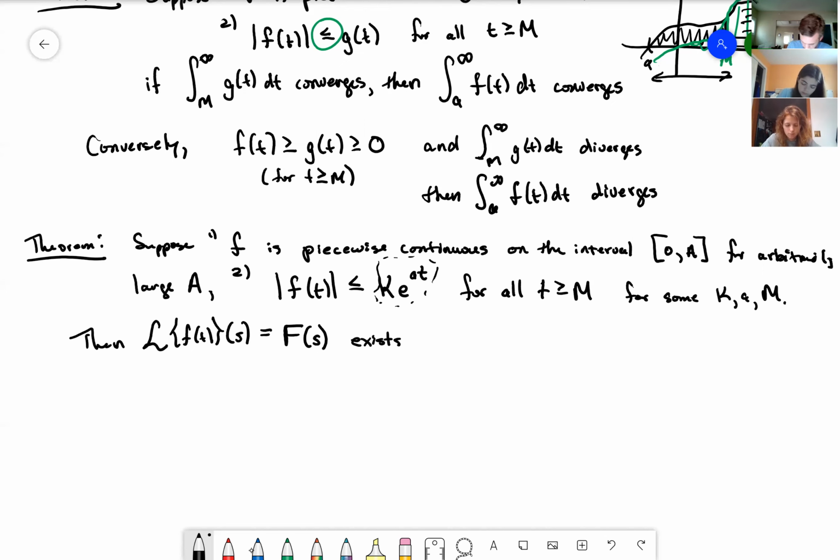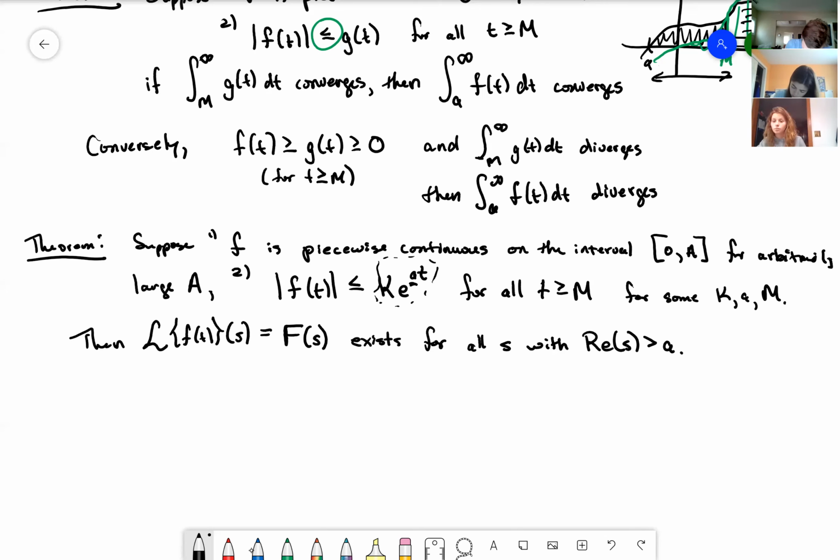In other words, the integral converges for all s with the real part of s greater than a, and that's this a right here, the growth rate of our function. Because we're going to be multiplying this by e to the minus st. And so if s is bigger in the real part than a, then you get an exponential growth being canceled out by an exponential decay.